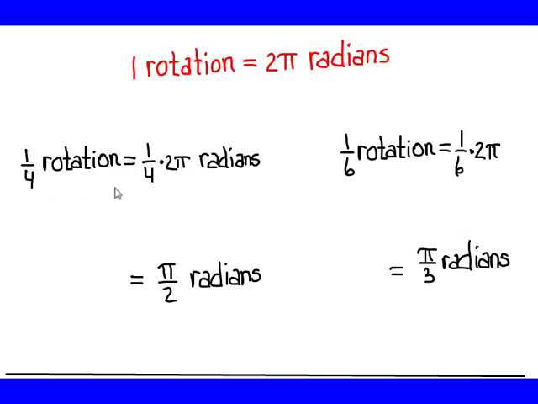Now 1/4 of a rotation, we multiply 1/4 times 2 pi radians, which is pi over 2 radians. 1/6 of a rotation, we multiply 1/6 times 2 pi, and that gives us pi over 3 radians. That would be the measure of that angle.